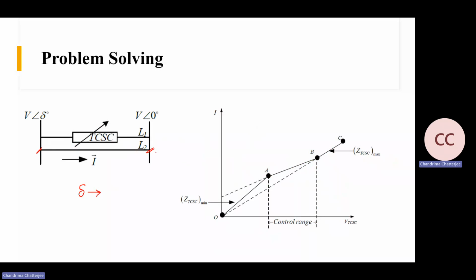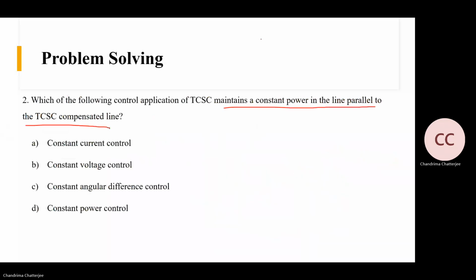That's why this is called constant angular difference control. In this range you can maintain constant power in the parallel line. So the control that maintains constant power in the line parallel to the TCSC compensated line corresponds to constant angular difference control.